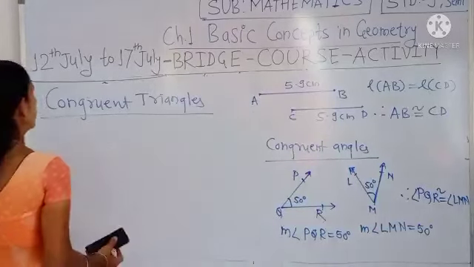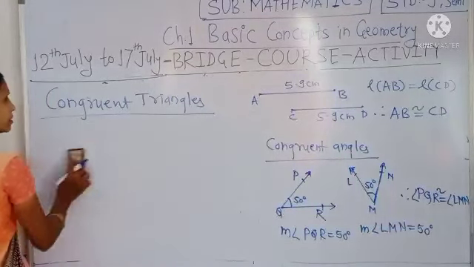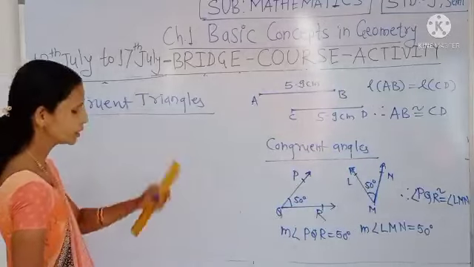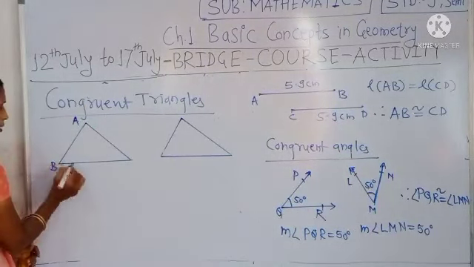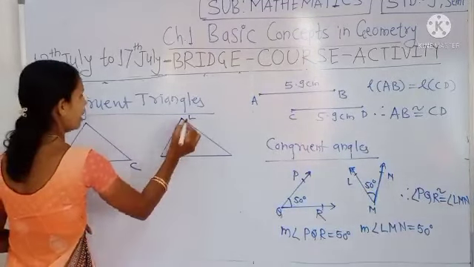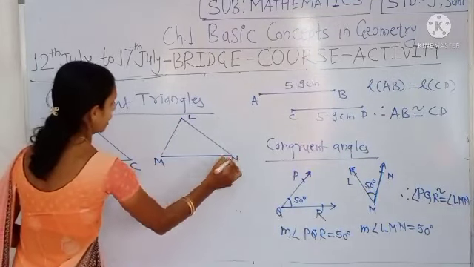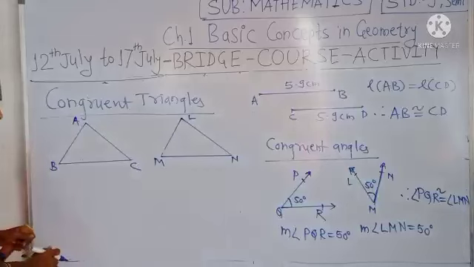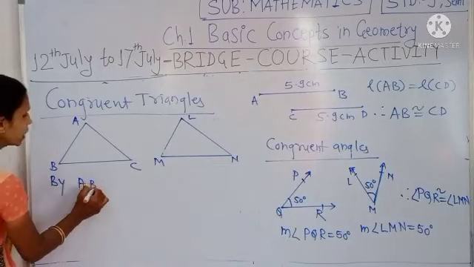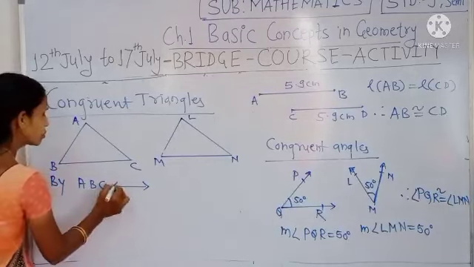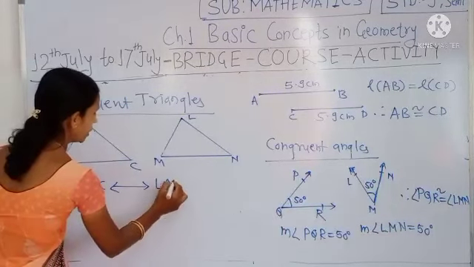Then we have to discuss the congruent triangles. See here, triangle ABC and triangle LMN. Here, ABC corresponds to LMN.